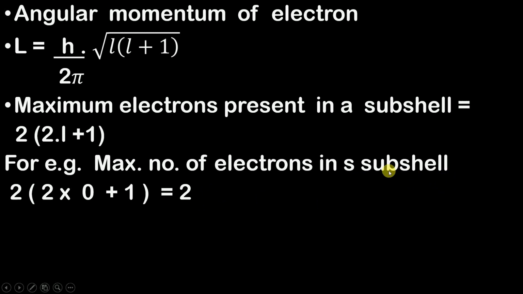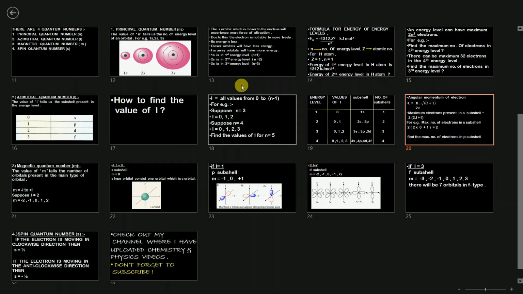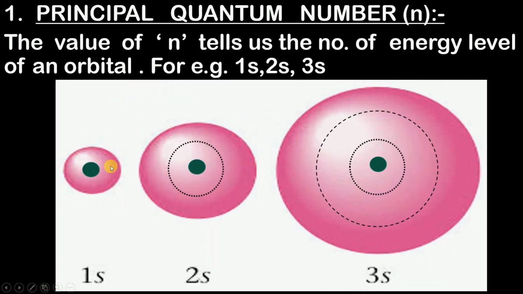Therefore, if you all remember, I told you that in this one S subshell there can be 2 electrons, and this second sphere will consist of next 2 electrons, not exactly next 2, but it will have only 2 electrons. So whatever might be the size of S orbital or your S subshell, it will have only 2 electrons. I hope this part is clear for you guys.